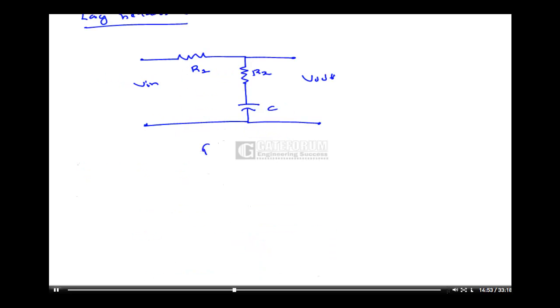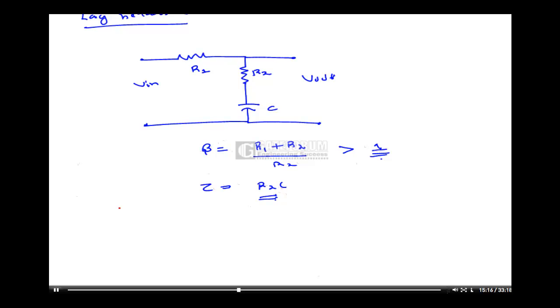Okay. Beta in this case is R1 plus R2 upon R2, which is always greater than 1. Tau is equal to R2C. Okay. So this was the physical network and things explaining R, beta and tau.